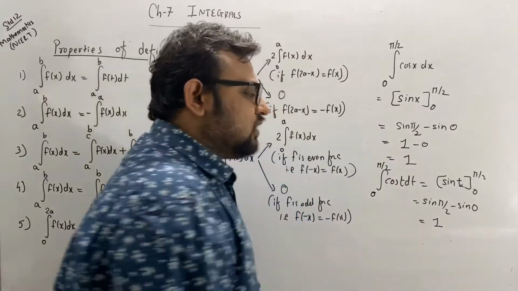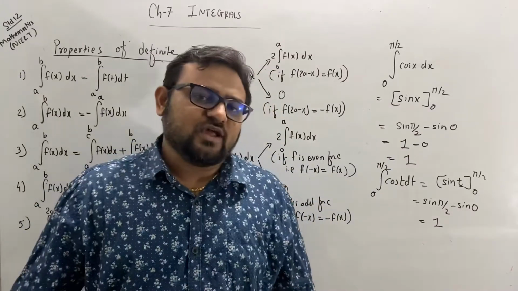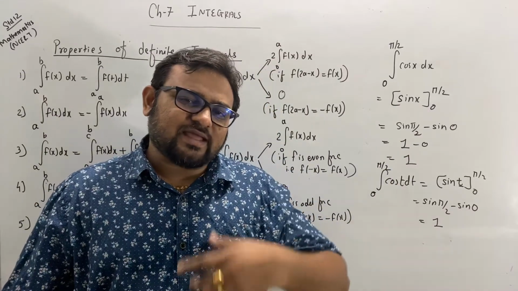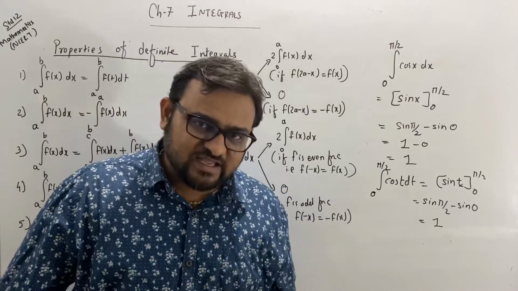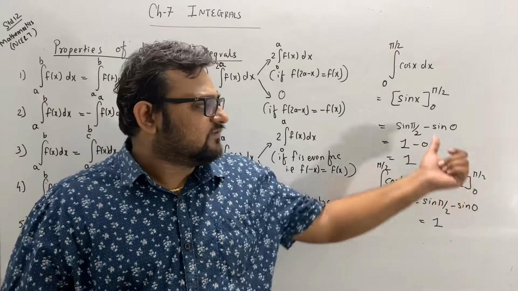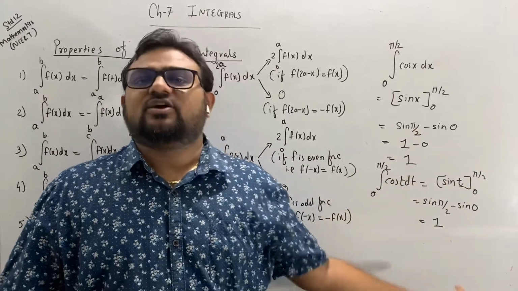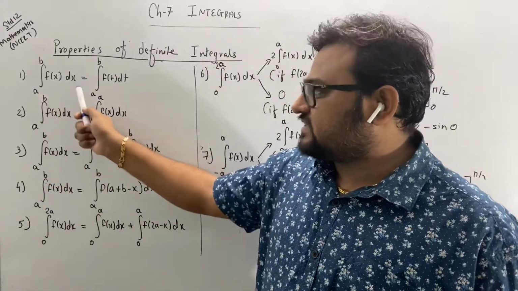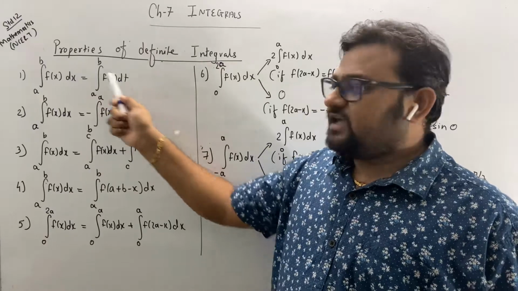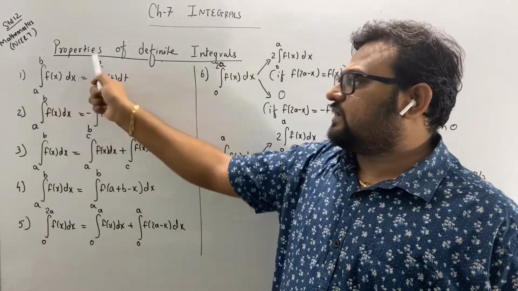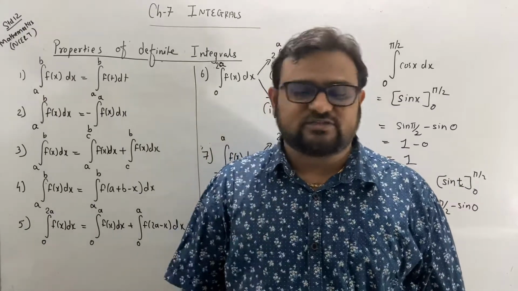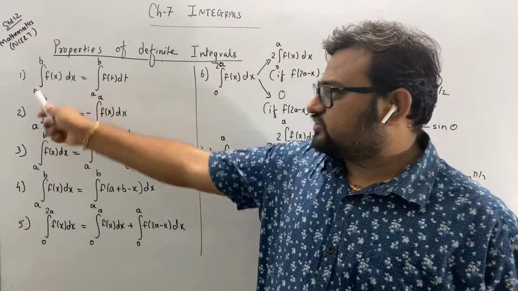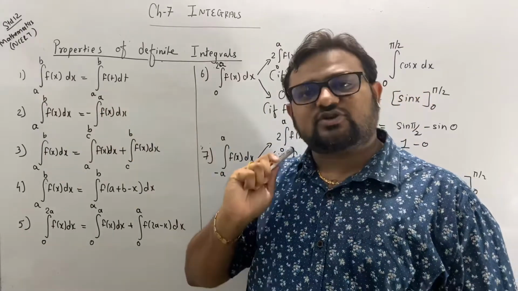That is again 1 minus 0 equal to 1. So see here, whether I am taking cos x dx or cos t dt, both are having the same answer. So either I take f x dx or f t dt, if the lower and upper limit are same, both will have same answer. Clear? So this was about the first property.